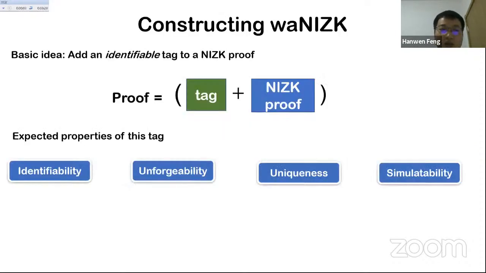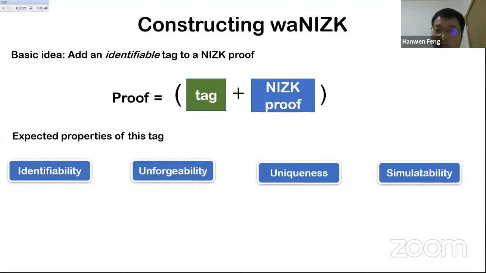Regarding construction, the basic idea is to add an identifiable tag to a NIZK proof. This tag should provide almost all properties of this identification functionality. So we require identifiability, unforgeability, and uniqueness.